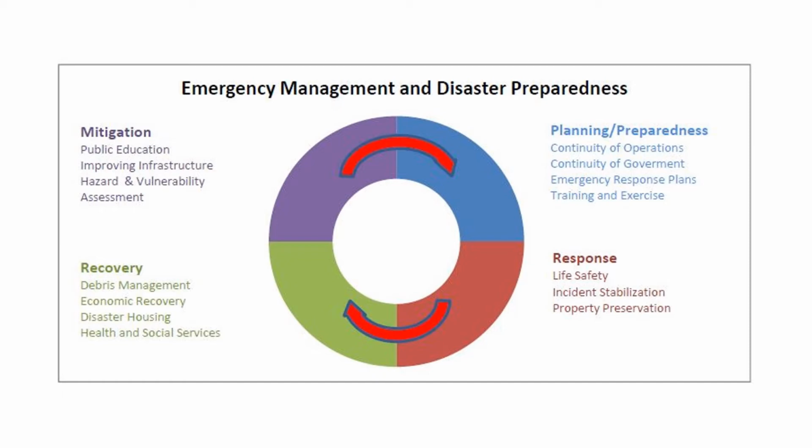So public education, improved infrastructure, an assessment of the disaster, looking at vulnerabilities in the city, say during an earthquake. So it's just a general slide. I don't think you need to read too much into this slide. Just some information.